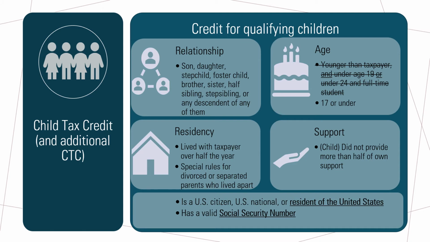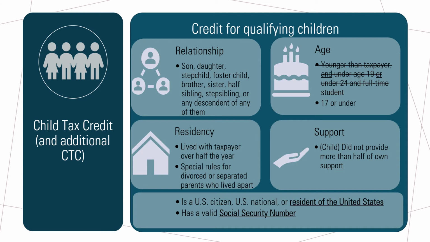Now, there's a couple of the other tests, I think the pre-qualifying tests for dependency that we had talked about. It's again just a little bit different for this credit. So in this credit, the qualifying child needs to be a U.S. citizen, a U.S. national, or a resident of the United States.